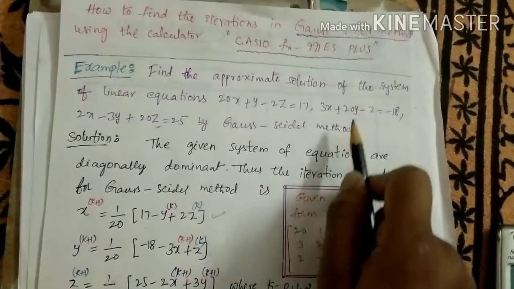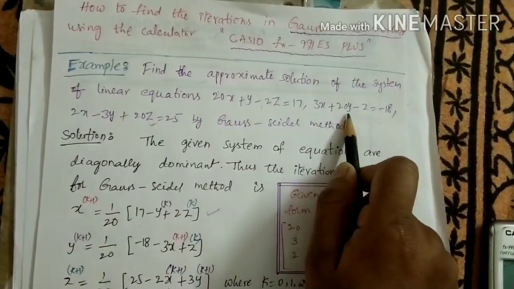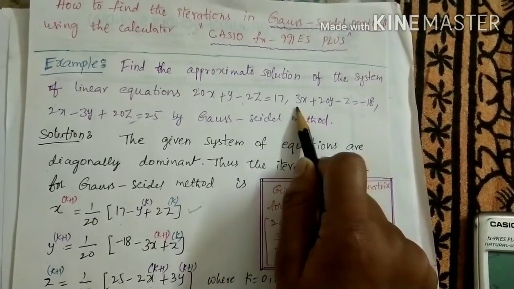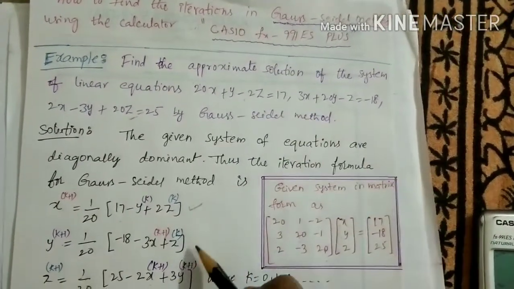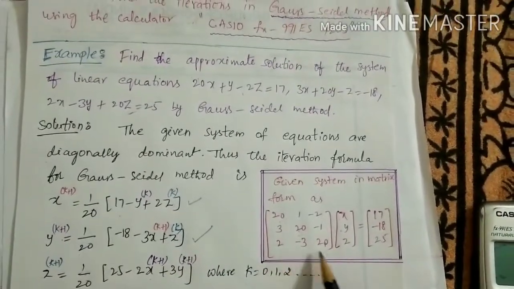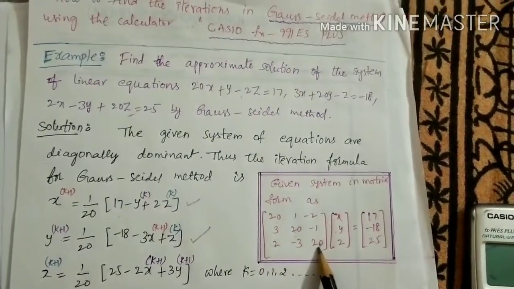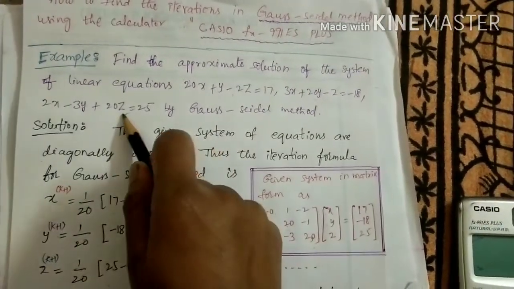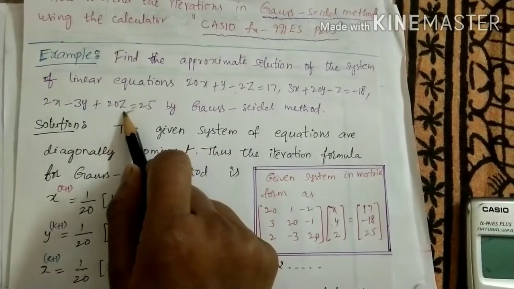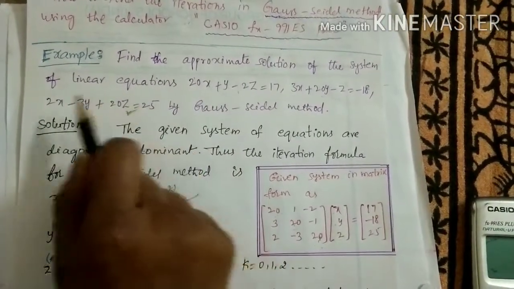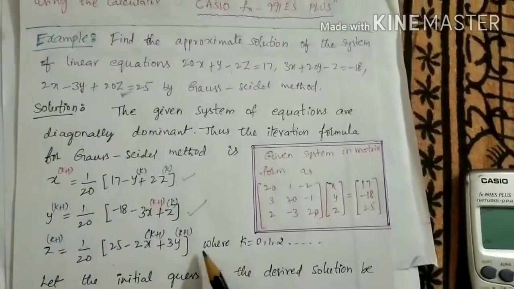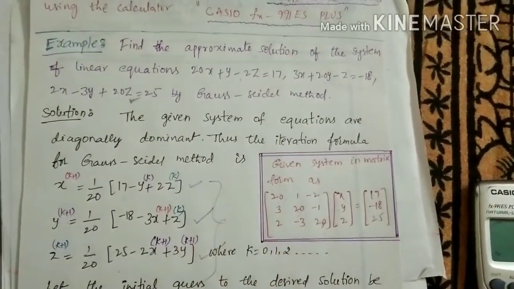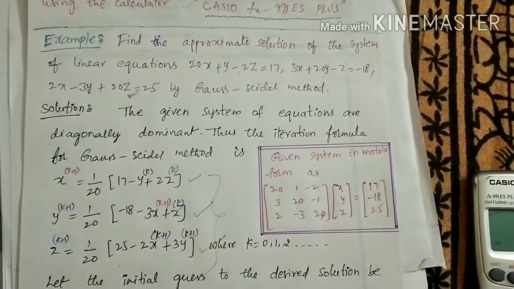This should be written from the second equation. y = 1/20 (-18 - 3x + z). And the next dominating diagonal element is 20, its coefficient is z. It is to be written from third equation. From this z = 1/20 (25 - 2x + 3y). This is said to be the iteration formula for Gauss-Seidel method.